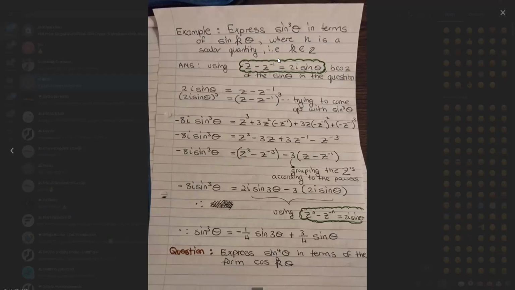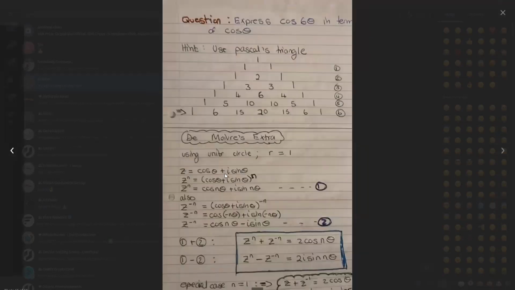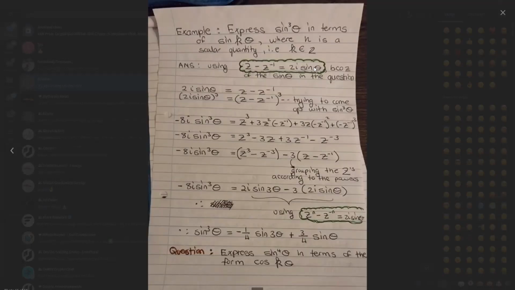So you choose this one, the one with 1. If it was cosine, you would do the same thing, but with the other formula, the one with cosine. You choose this one. Okay. So after doing this, you realize the sine doesn't have a cube here, so it must have a cube.